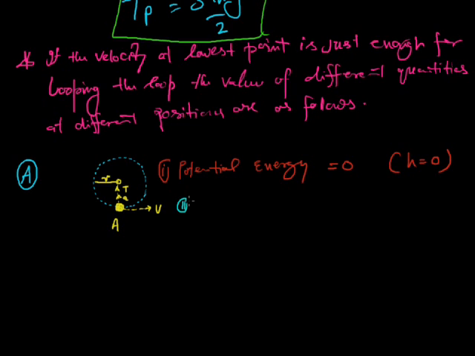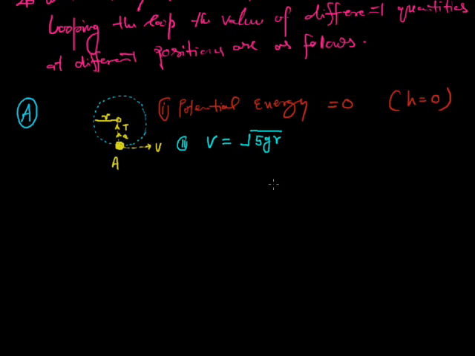Second is velocity at lowest point. We have calculated it. It is root 5gr, minimum velocity at lowest point for looping the loop. Equation: tension in upward direction towards the center and weight of the body will be downward.